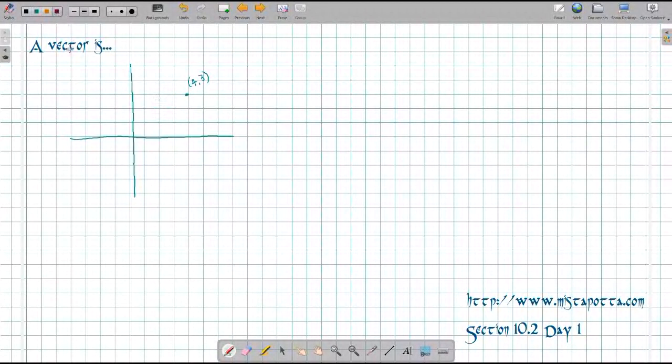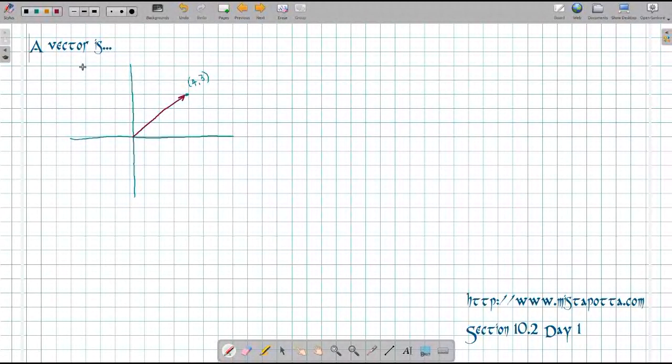But if I want to talk about a vector, it has both magnitude and direction. So this vector is starting at the origin and headed towards this point. And so a vector is really describing moving from the origin to that point.